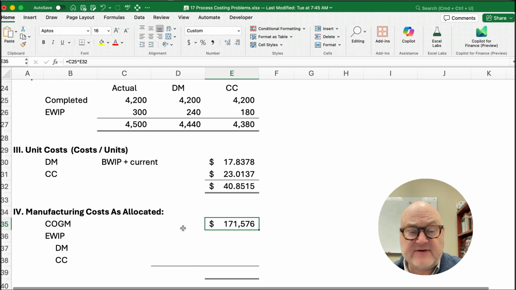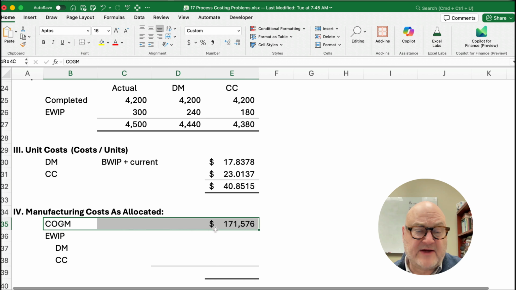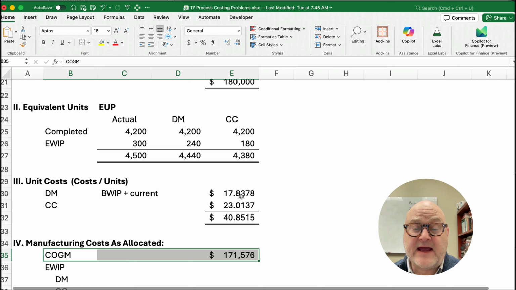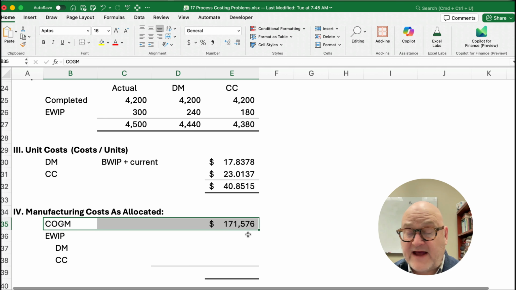So the answer is our cost of goods manufactured, and this is the goal here, what we're trying to do. Our cost of goods manufactured is $171,576. We had $180,000. We were going to allocate $171,576 of that to finished goods. That means the remaining $8,500 or so, $8,400, is going to be materials and conversion cost.